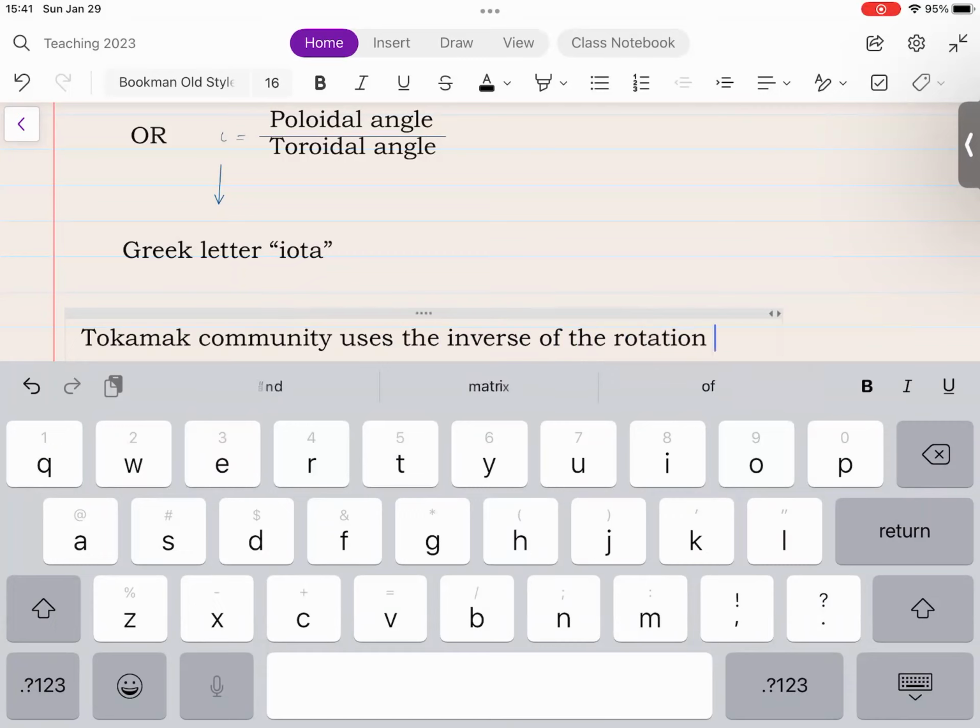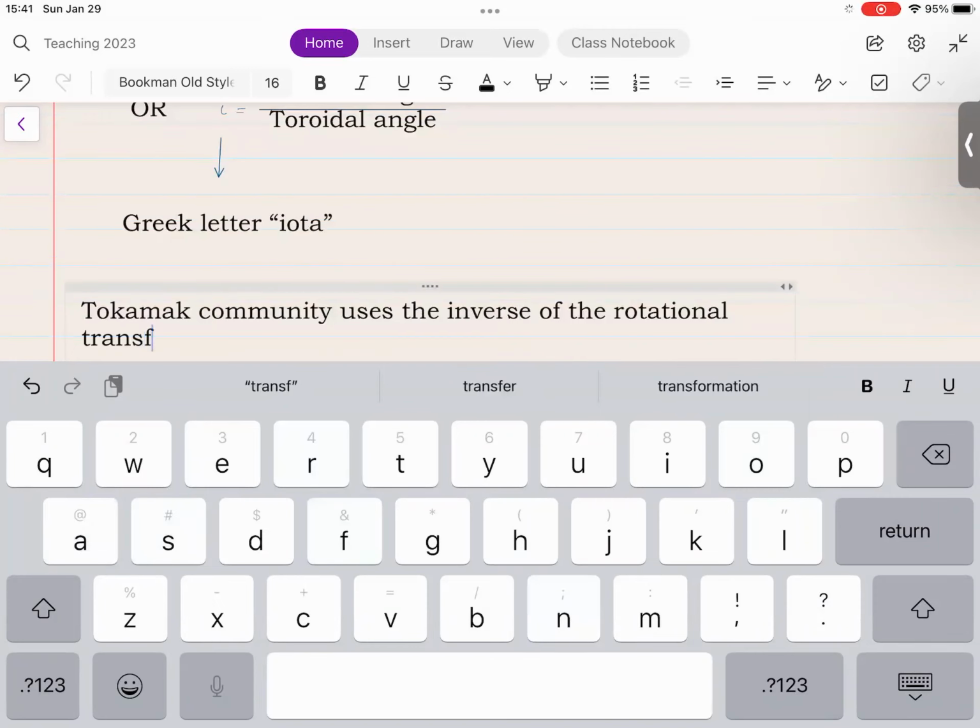That quantity, the inverse of the rotational transform, is called the safety factor.